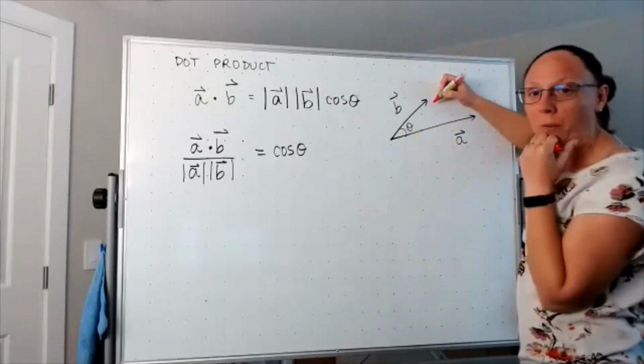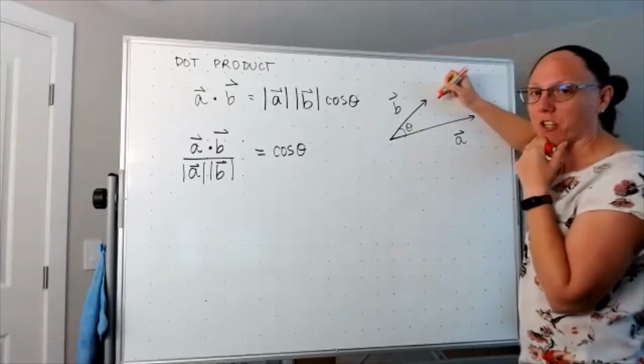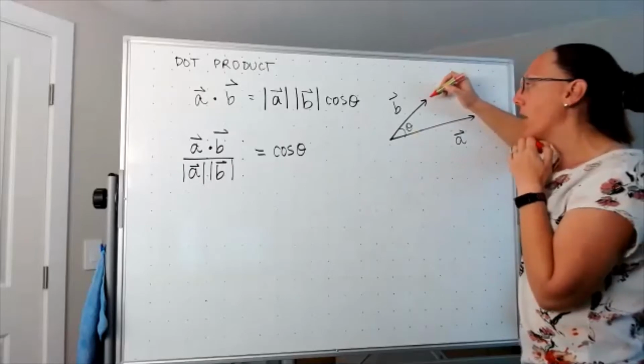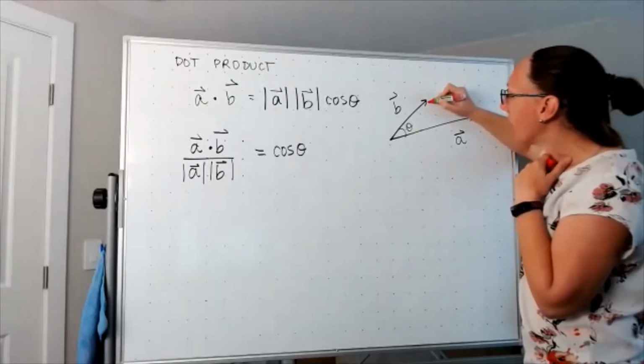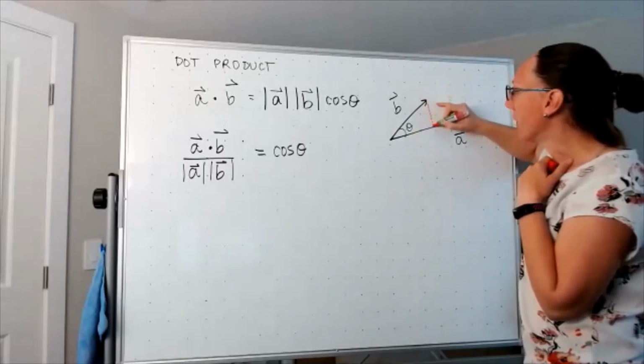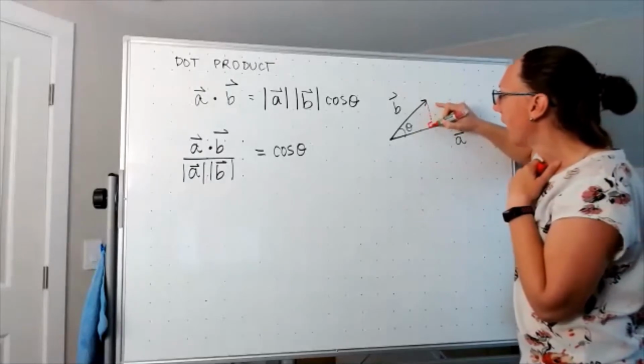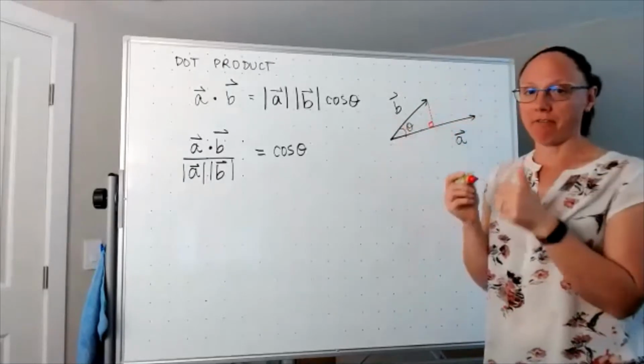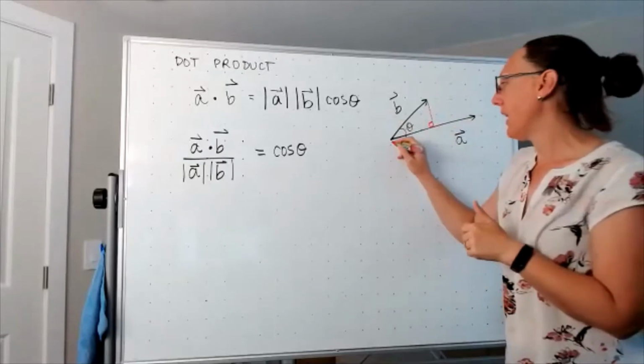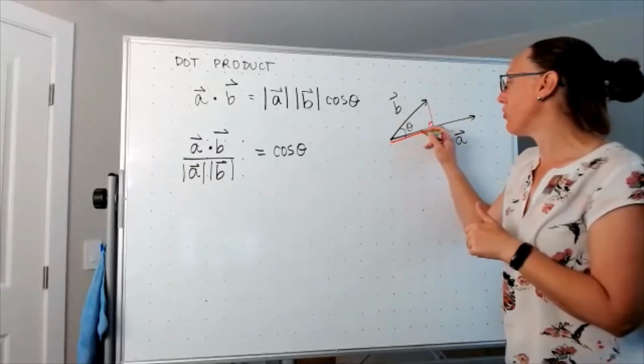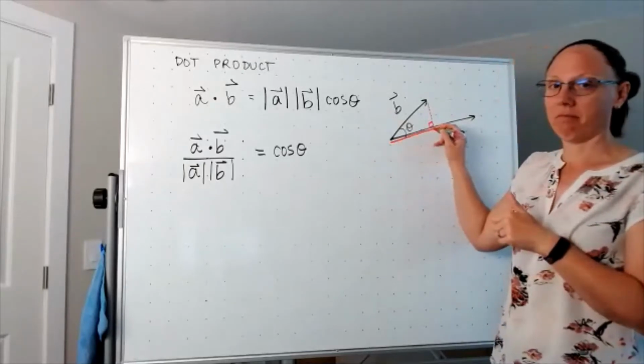So what we mean when we talk about a vector projection is that I want to know, if I draw a right triangle in here, how much of that vector B is in the direction of A?